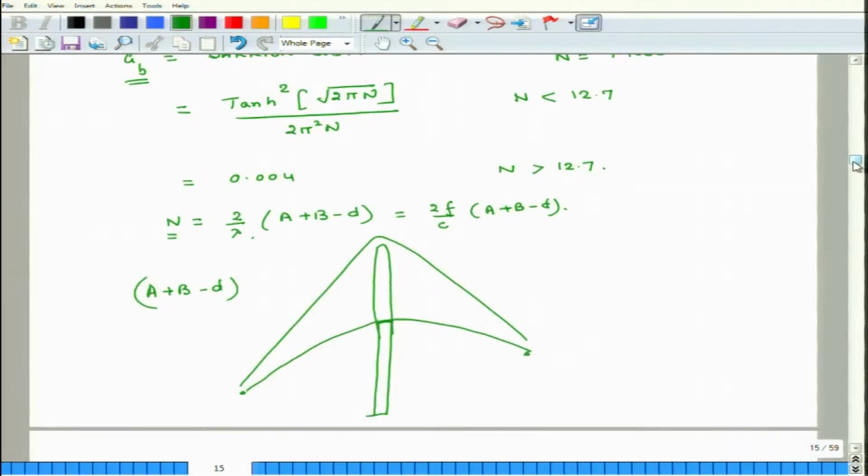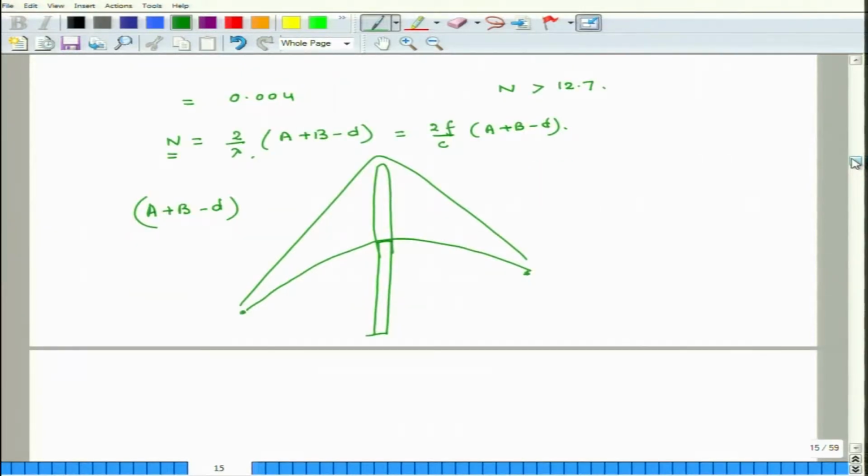Things become more difficult for the sound to do that. And how do we know whether it is going to take a sharper turn? It will depend on this parameter A plus B minus D. If A plus B minus D is equal to 0, then the sound will just go straight away, but as A plus B minus D goes up, the sound is taking a more sharp turn. So, this is another thing.